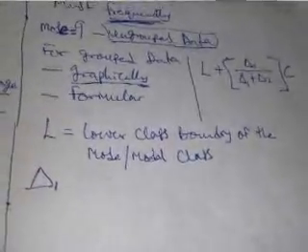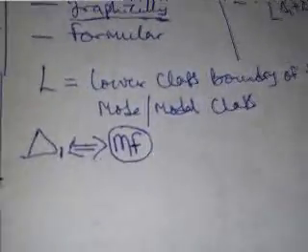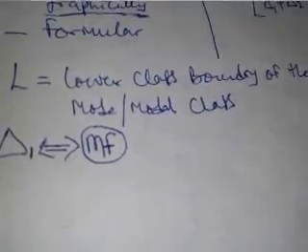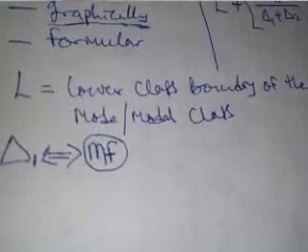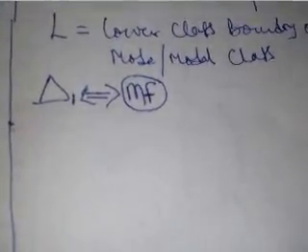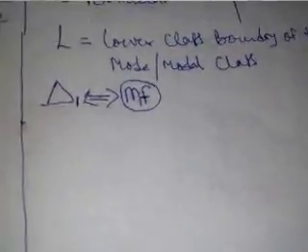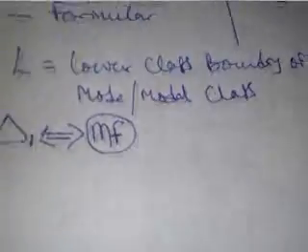Are we okay? Good. Now we see this triangle symbol. Mind you, you can use any symbol for it. I also want to create my own symbol. This is MF. What does this triangle symbol mean? Sometimes I call it delta. A delta symbol. Now, what does it mean? It means the modal class frequency minus the frequency of the class before the modal class. This might not sound interesting right now because I've not yet used any illustration to resolve this problem.